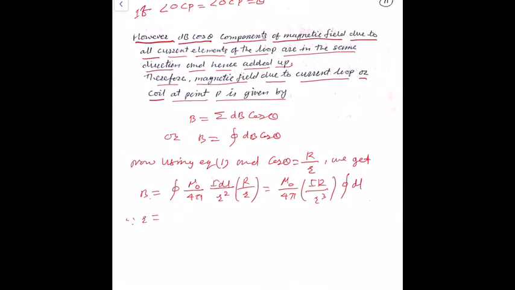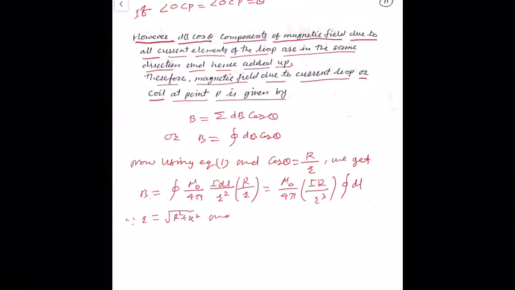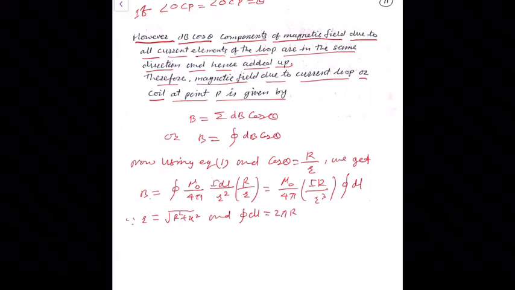Since r is equal to root of R square plus x square, and the integral of dl is equal to 2 pi R, the length of the loop.